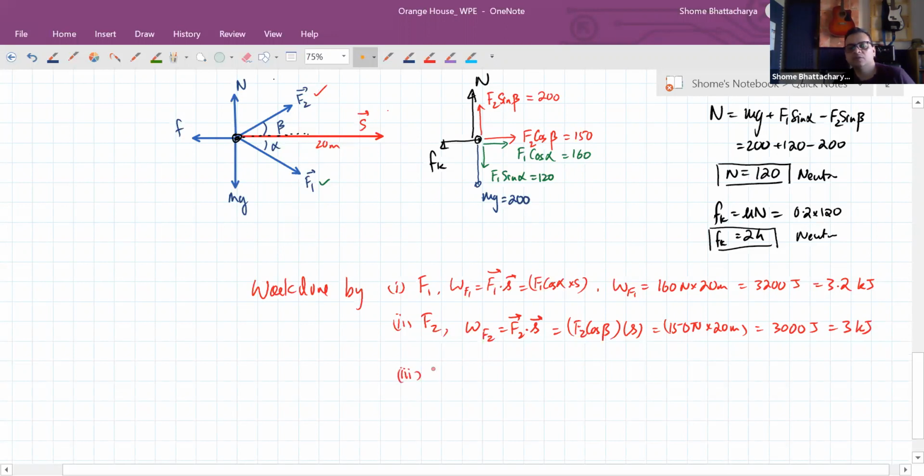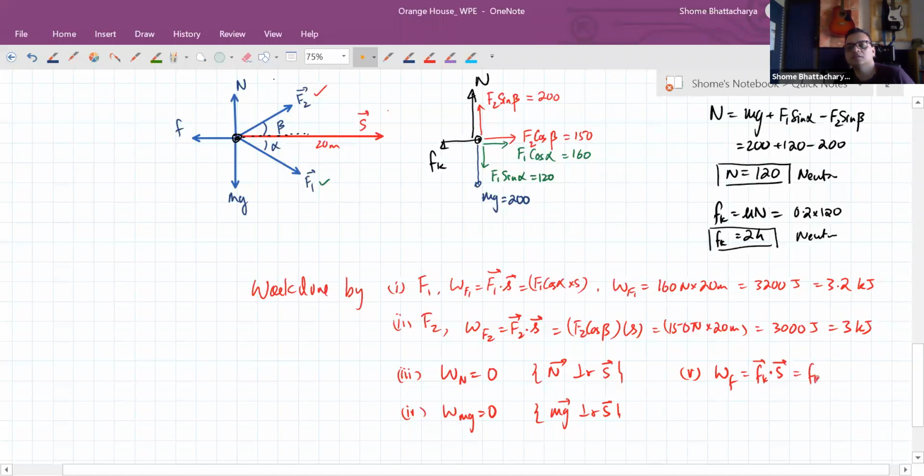Now work done by normal reaction, that will be zero, you can see, because normal reaction is perpendicular to displacement. Same goes for work done by gravity here, because the displacement is horizontal. So these two are zero. And the fifth and final one, work done by friction, that will become how much? So when you take dot product of kinetic friction with displacement, the angle is 180 degrees.